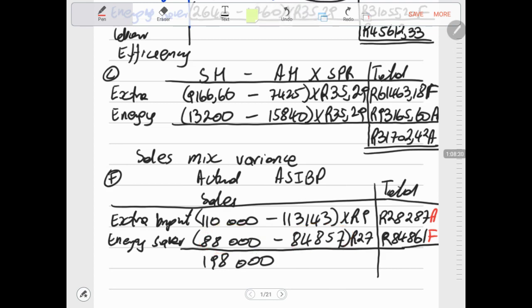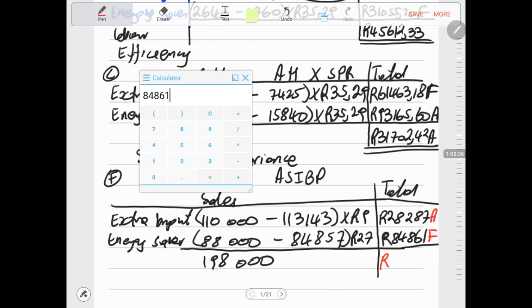That is good for us. That is why the second one is favorable. The difference between the two will be minus 28,287, and this leads to 56,574, and this will be favorable because the net of the two is a favorable variance.